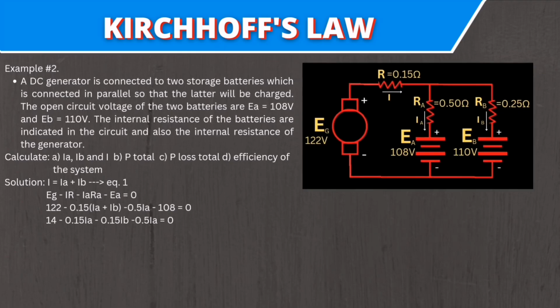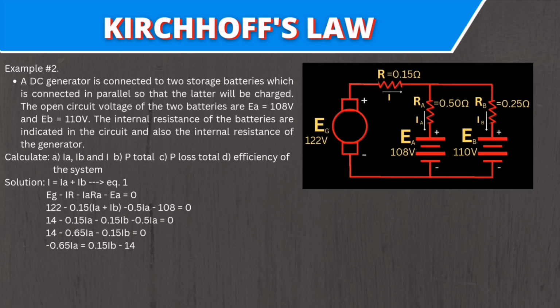Simplifying, 14 minus 0.15 times I sub A minus 0.15 times I sub B minus 0.5 times I sub A equal to 0. 14 minus 0.65 times I sub A minus 0.15 I sub B equal to 0.